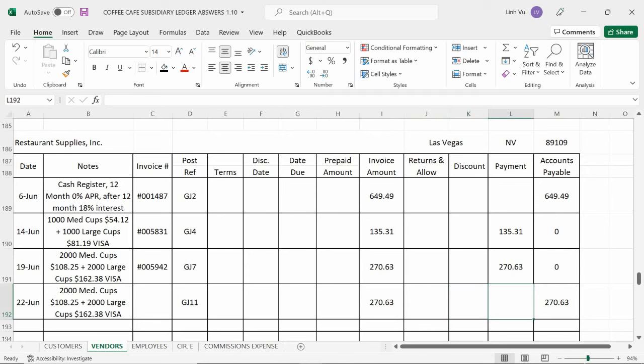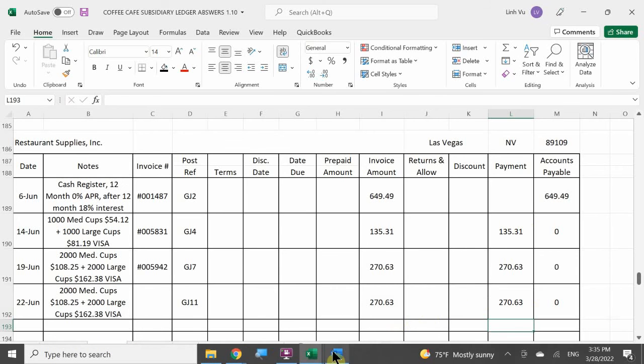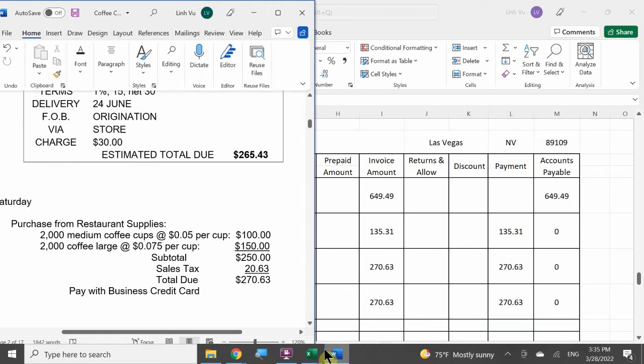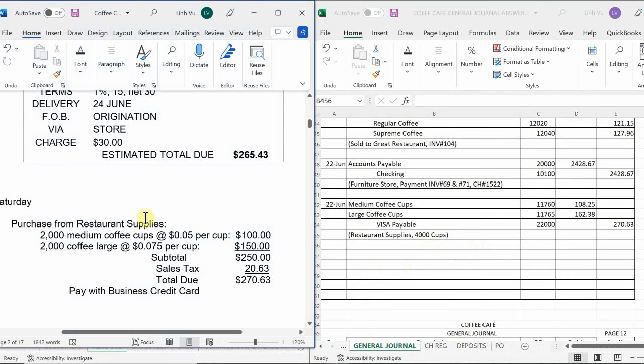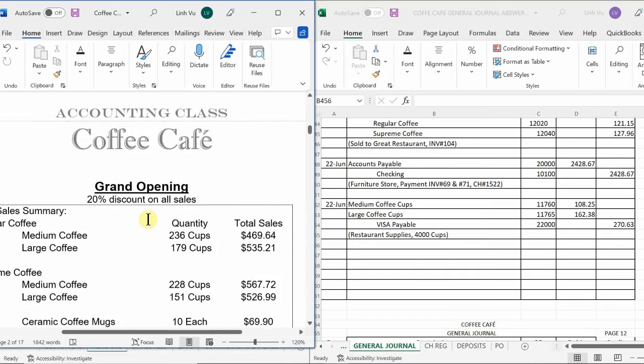Good, and paid using a Visa credit card, so we don't owe Restaurant Supplies anything for this particular transaction. All right.